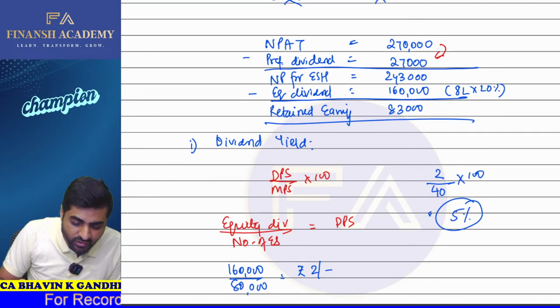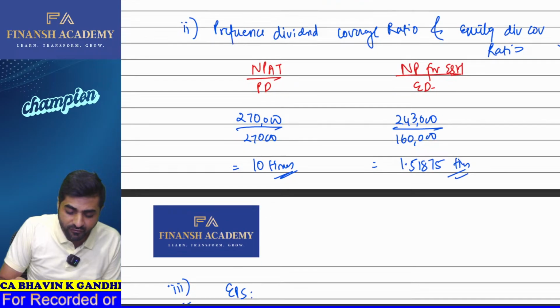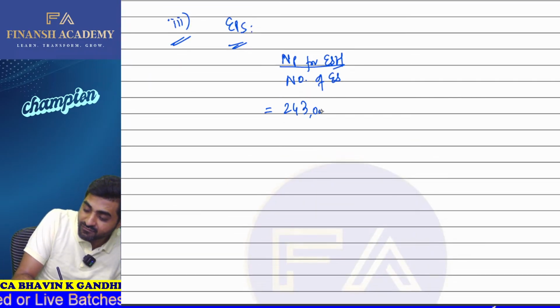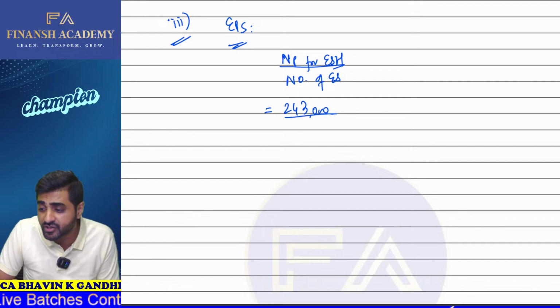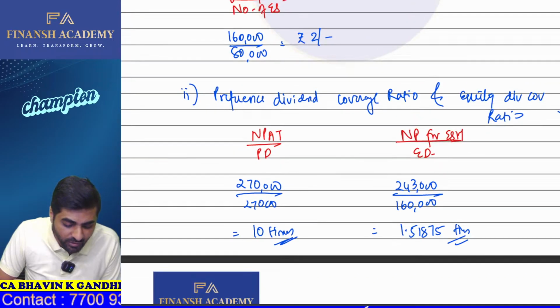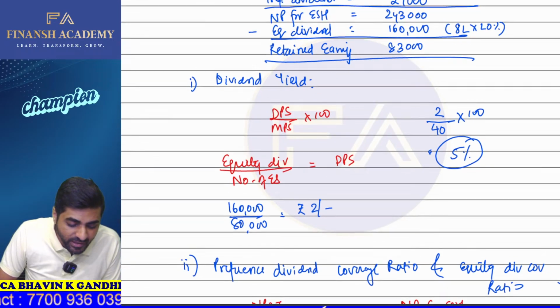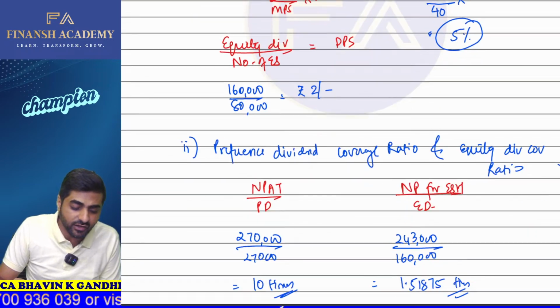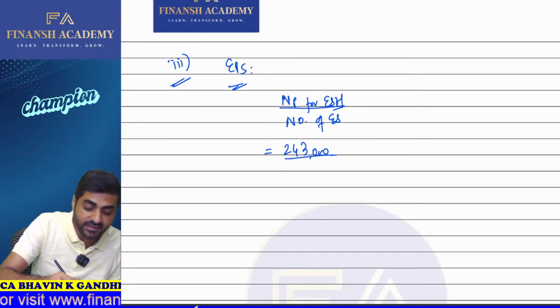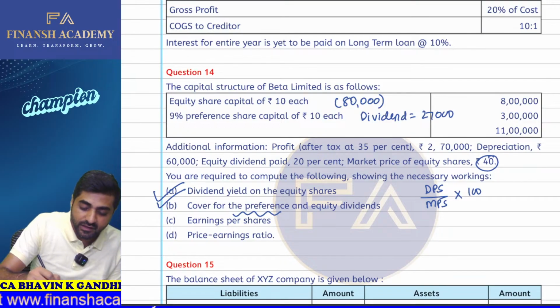Your net profit for equity shareholders is nothing but 2,43,000. We will divide that by the number of equity shares. The number of equity shares is given in the question: 80,000.